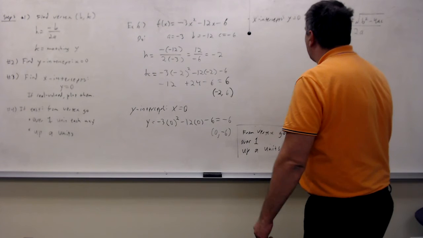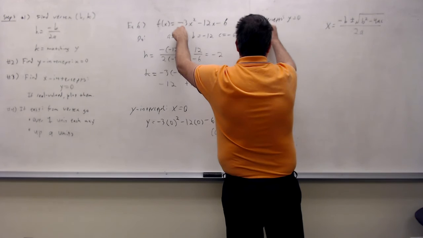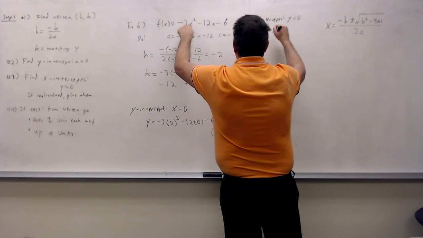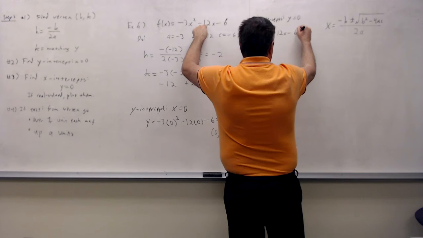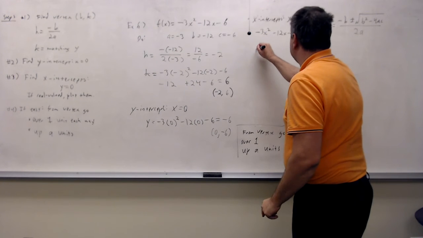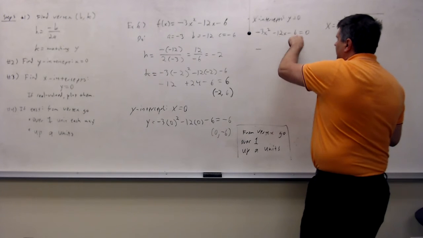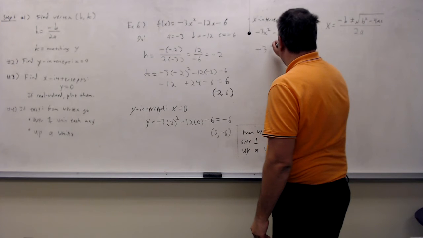All right. X-intercepts, y is 0. So negative 3x squared minus 12x minus 6 equals 0. The quadratic coefficient is negative, so definitely take out a negative. All three of these are divisible by 3, so I will take the 3 out as well.